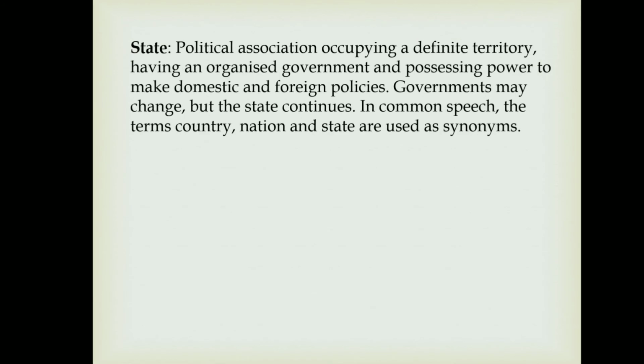So, what is a state? A political association occupying a definite territory, having an organized government, and possessing power to make domestic and foreign policies. Governments may change, but the state continues. In common speech, the terms country, nation, and state are used as synonyms.